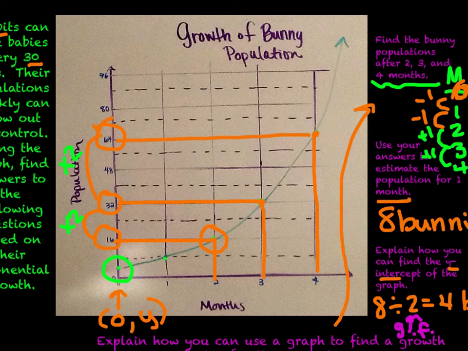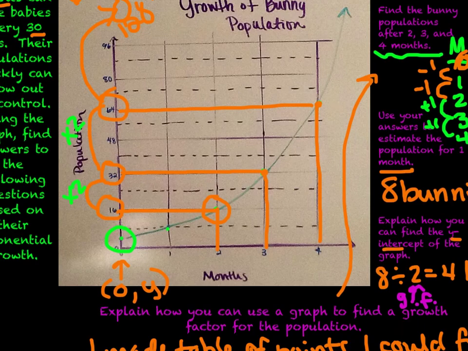That means I would have to multiply 2 yet again, and my next number, my next y-intercept would probably be 128, because 64 times 2 gets me 128. So I can use my graph in that way. I can pay attention to the y-axis and how things are changing vertically.